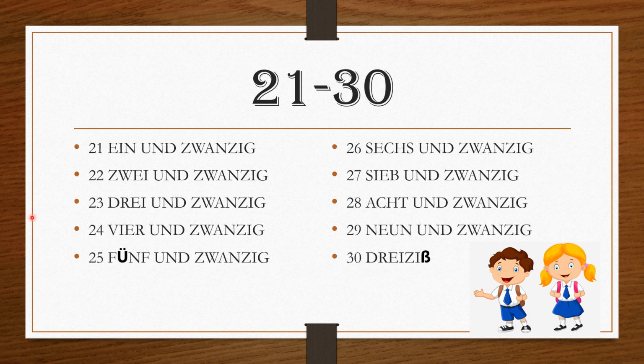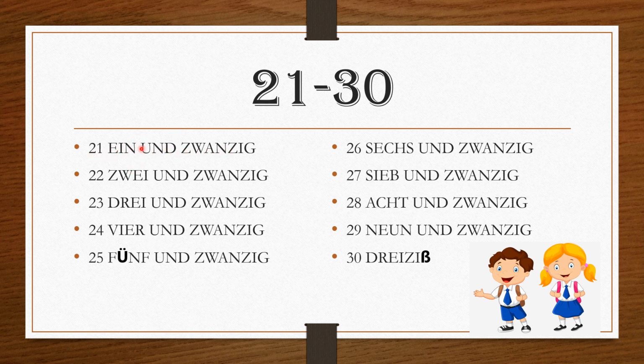So again we will start: 21, 22, 23, 24, 25, 26, 27, 28, 29, 30. And one thing more, I have written this in a segregated form, like I have segregated this whole word.